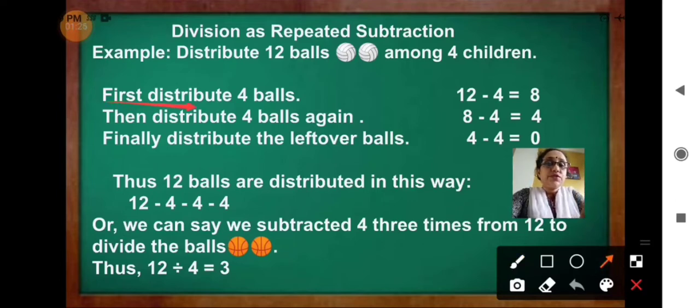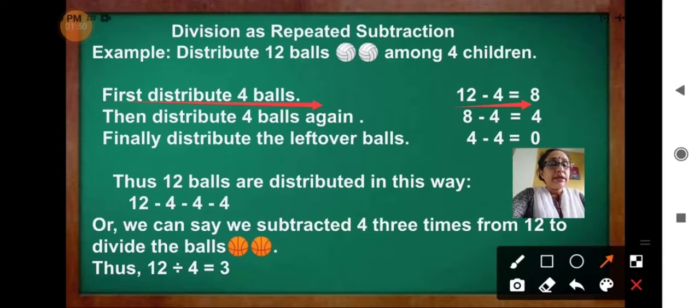First, distribute 4 balls. Listen quietly, then we will do together. So first what you will do? First distribute 4 balls. That is 12 minus 4 equal to, what are you getting?